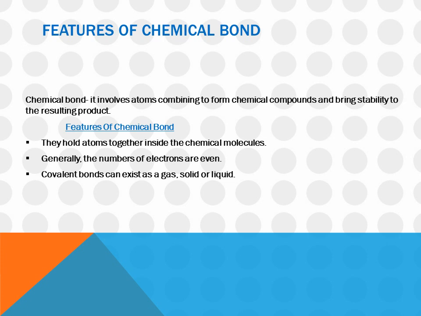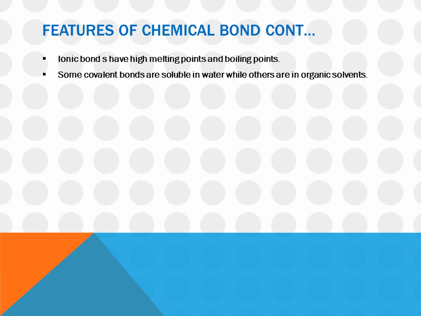2, generally the numbers of electrons are always even. Thirdly, covalent bond can exist as a gas, solid, or liquid. Next, ionic bond have high melting point and boiling point.